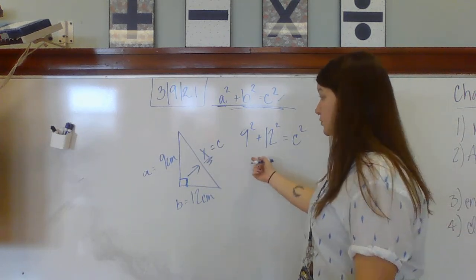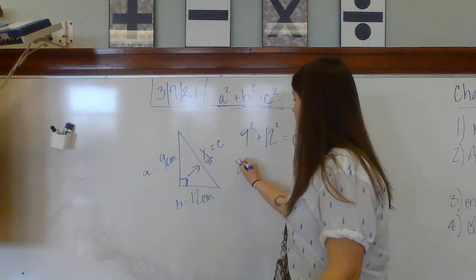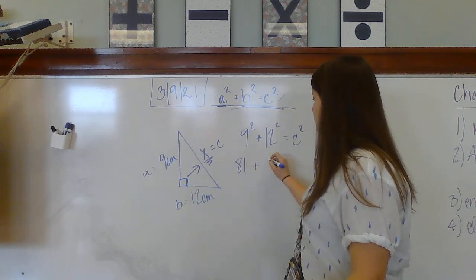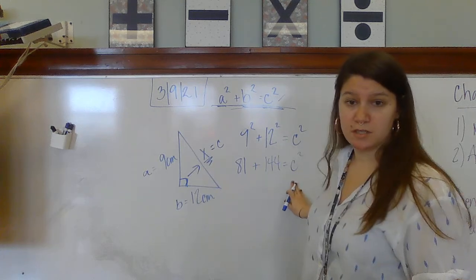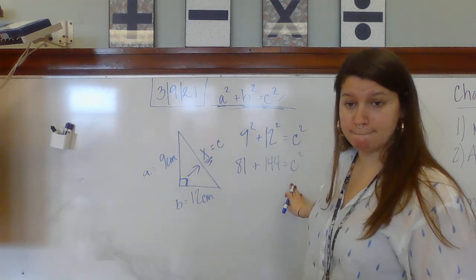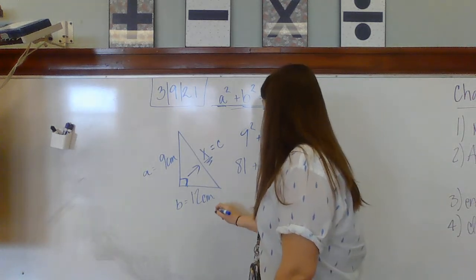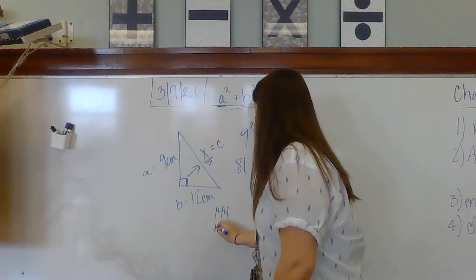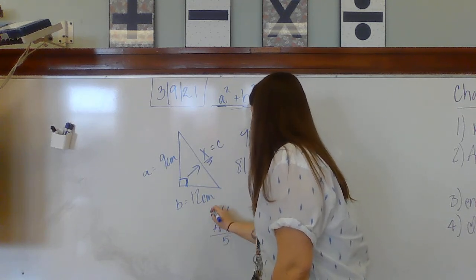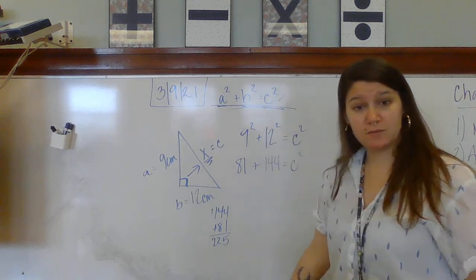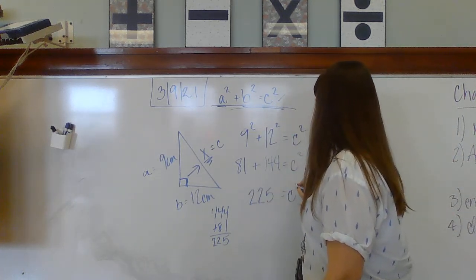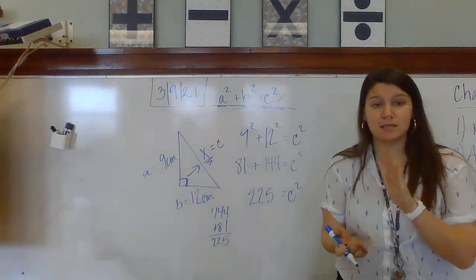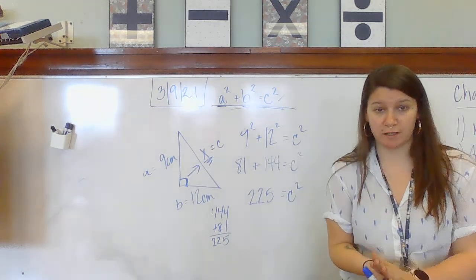So then I'm just going to do what the math tells me to do. 9 squared is 81. 12 squared is 144. I still don't know C squared. So then I'm going to do 144 plus 81. That gives me 225. So I know that C squared is 225.